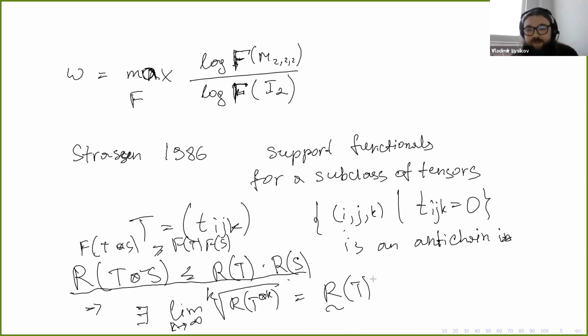But these kinds of functionals are actually not easy to compute usually. And in 2016, well, in 2015, I think there were some results on progression-free sets and cap sets in combinatorics.